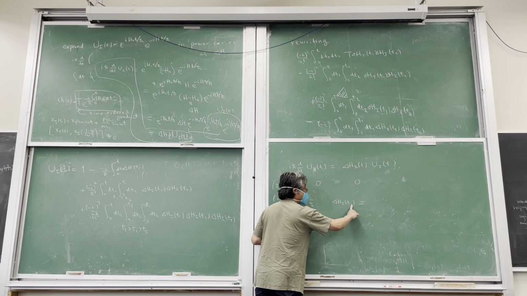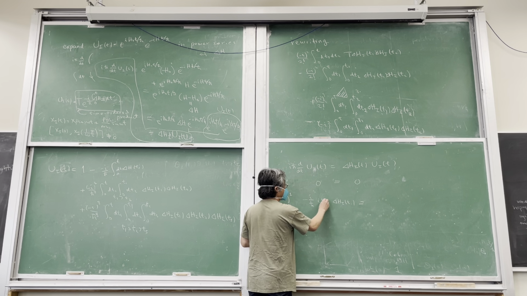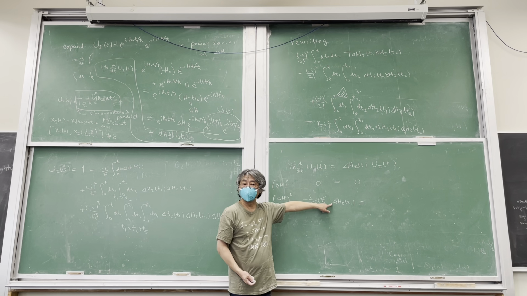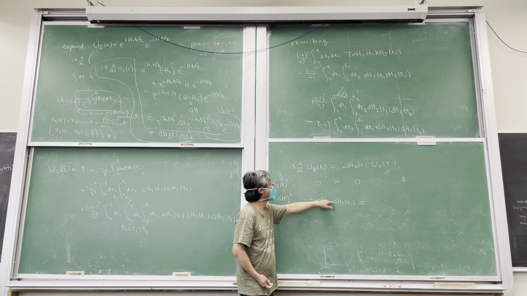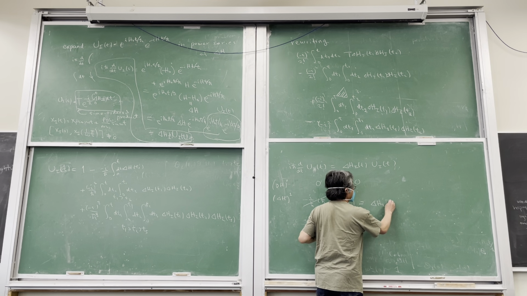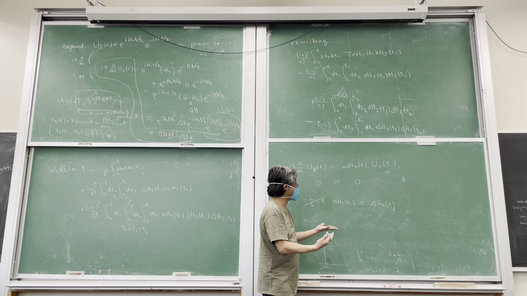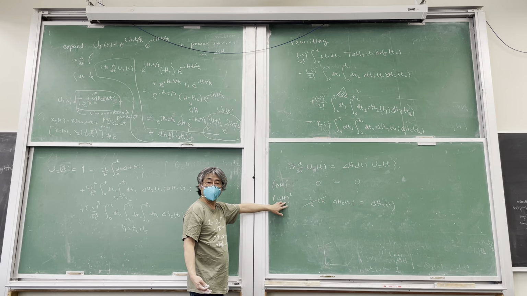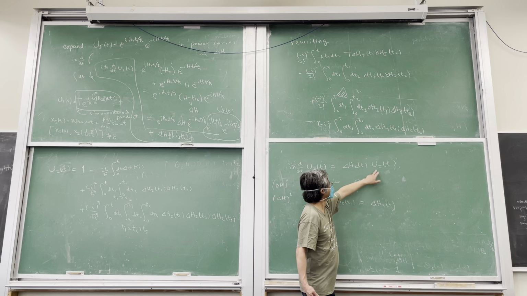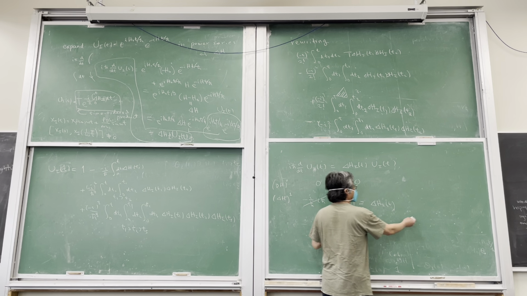And integrand is evaluated at the upper edge times iH bar. They all cancel. So the left-hand side is delta H_I of t. Right-hand side, I have delta H_I of t. We are dealing with U_I in power series expansion in delta H. We are now looking at the first order piece in it. This is already first order. Then I should take the zeroth order U_I, which is 1. Therefore, this is satisfied.